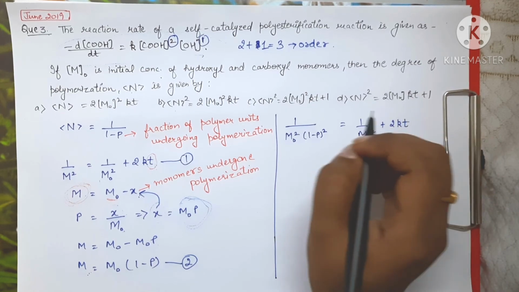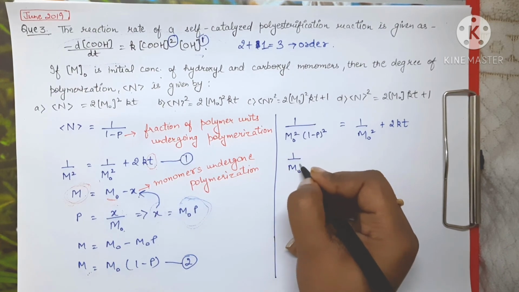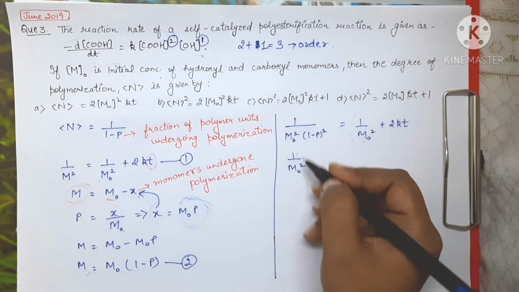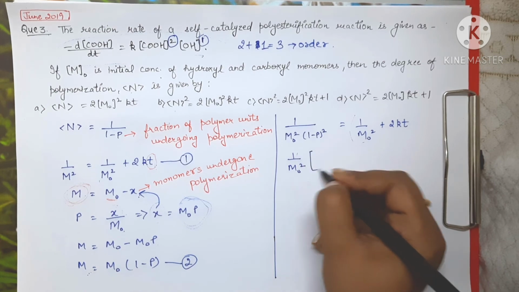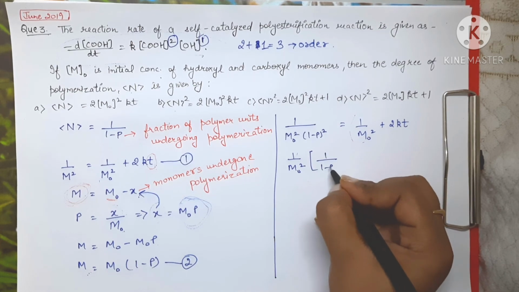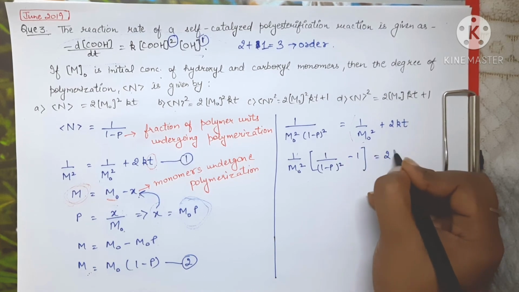Now we have to simply rearrange. Take this term here and take 1 upon m naught square common. So you will get 1 upon m naught square outside, 1 minus p whole square minus 1 is equal to 2kt.